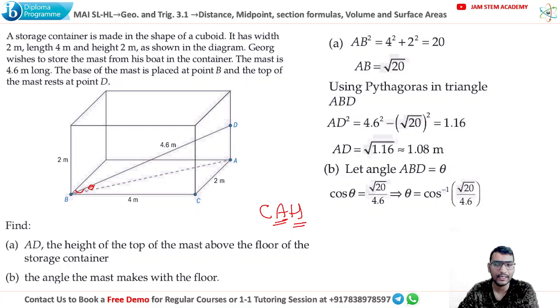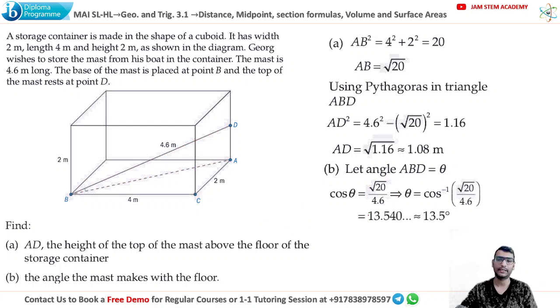The adjacent side is this side AB over the hypotenuse, which is BD. So AB over BD comes out as square root of 20 over 4.6. Now again using arc cosine, you can find the value of theta, either in radians or degrees, and you can convert it as I said earlier.